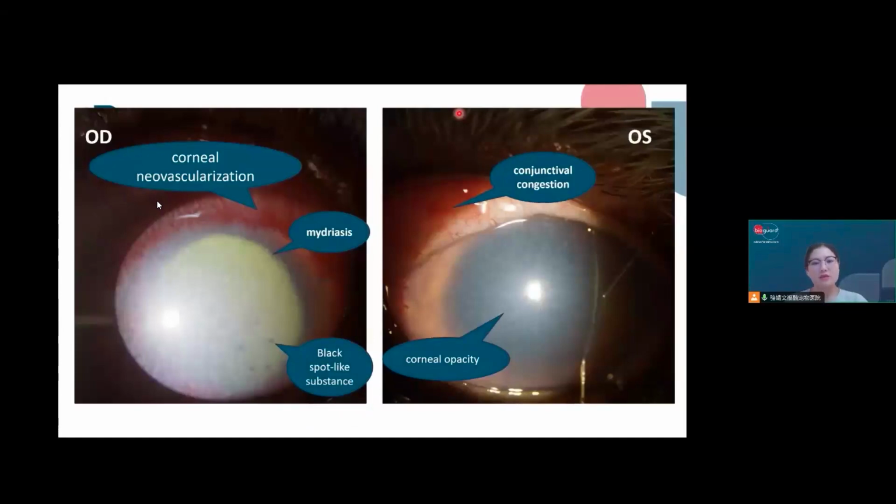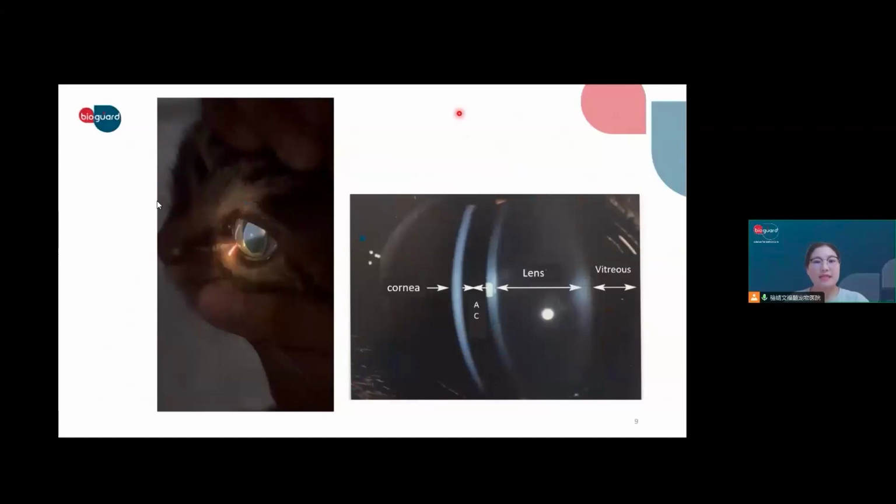So how could we know where exactly these black spots are? We need to use the slit light. The most important role of the slit lamp biomicroscope is to emit slit light.